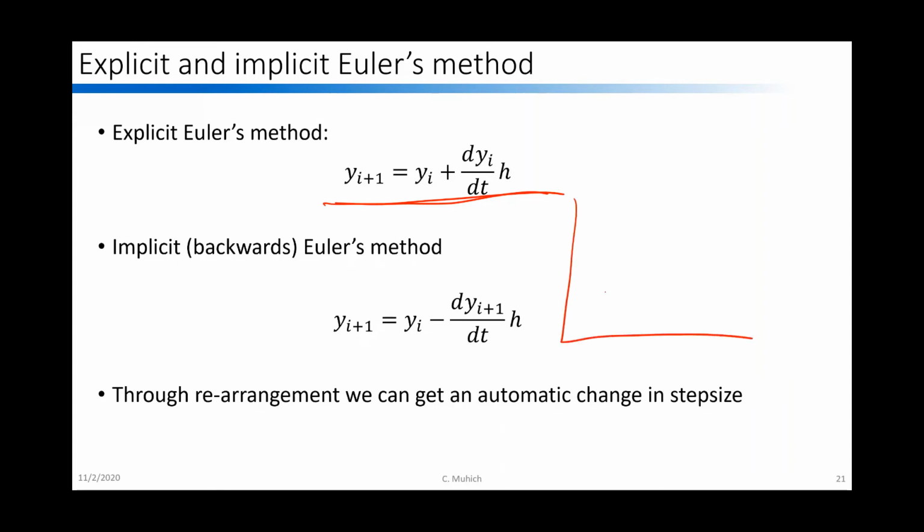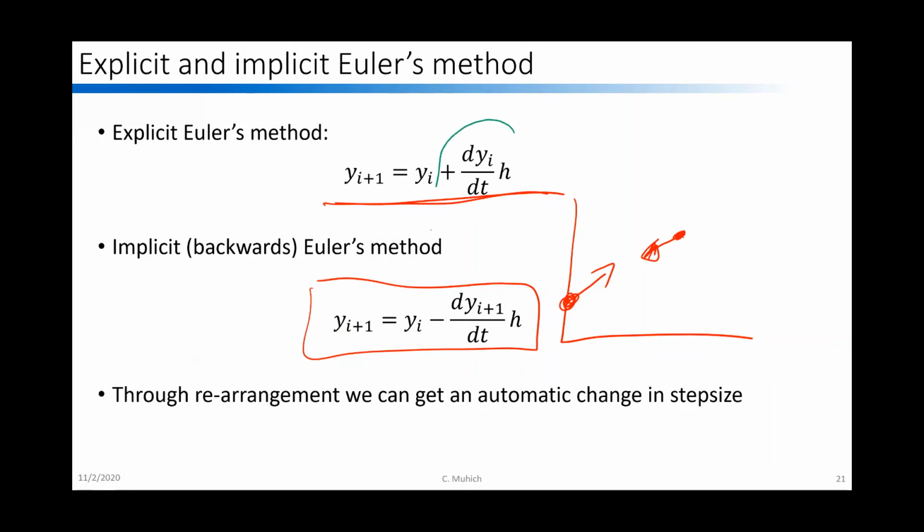If we think of how we were taking derivatives, if I had my first point, I could take a forward derivative. But if I had a point, say here, I can always look backwards to get an approximate derivative. This is the idea with the implicit Euler's method, or backwards Euler's method. In this case, we set y_{i+1} equal to y_i minus dy_{i+1}/dt times h. There are two differences here.